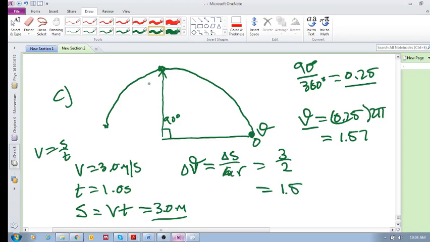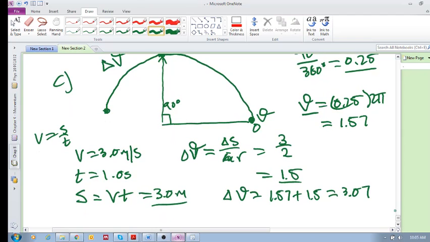So the delta theta from that point to that point is 1.5. But we need to add that onto that. So the total delta theta is 1.57, which is from there to there, plus 1.5 is 3.07. So that's its final position, 3.07.